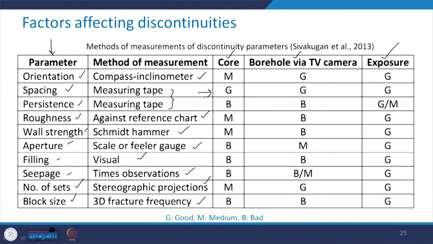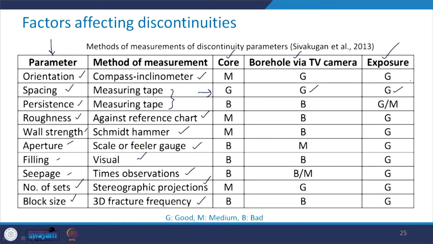Here G stands for good quality, M stands for medium and B stands for bad quality of the data. If you see as far as spacing is concerned, whether you take core, borehole via TV camera or the exposure, you can measure it with very good quality and quite a lot of precision.